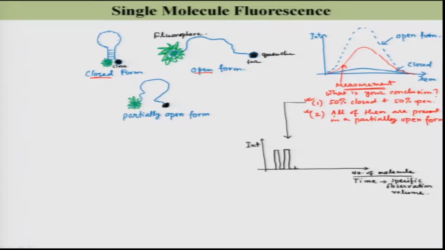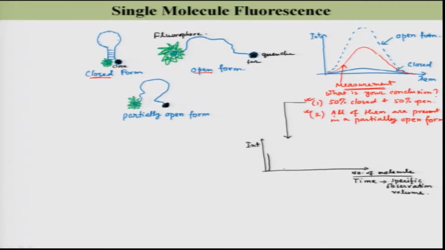But when the third one enters, the fluorescence intensity is probably less, because it is now the closed form which is entering. I should draw it properly.